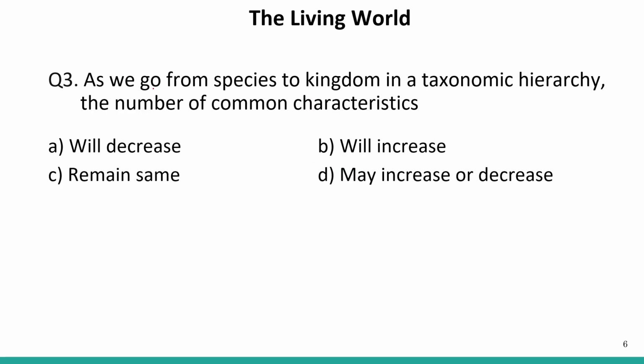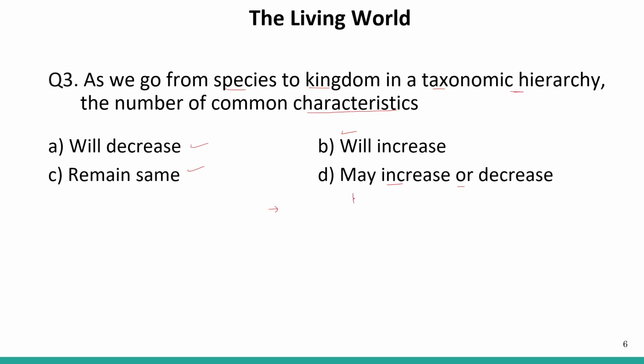Now, the next question is, as we go from species to kingdom in a taxonomic hierarchy, the number of common characteristics will decrease, it will increase, it will remain the same, or may increase or decrease. Okay. So let's talk about the taxonomic hierarchy now.